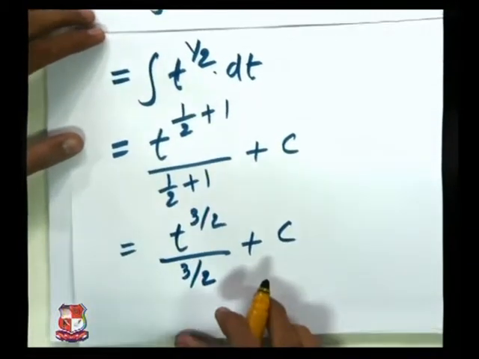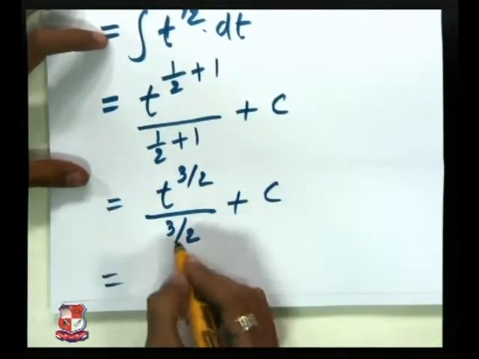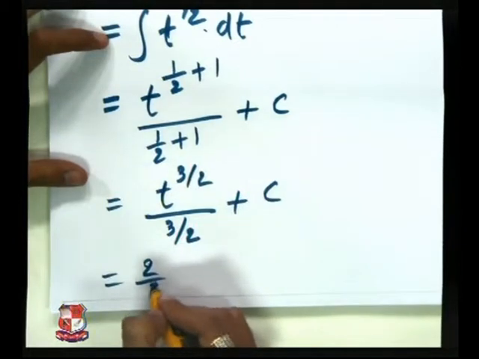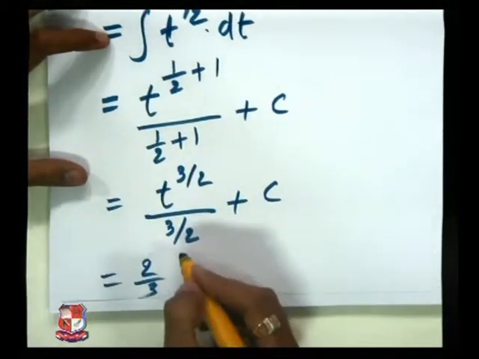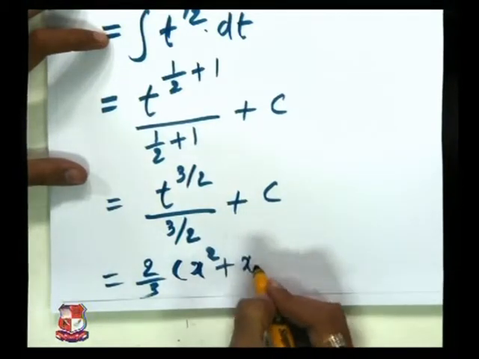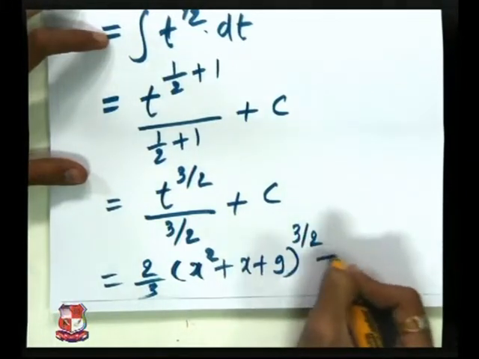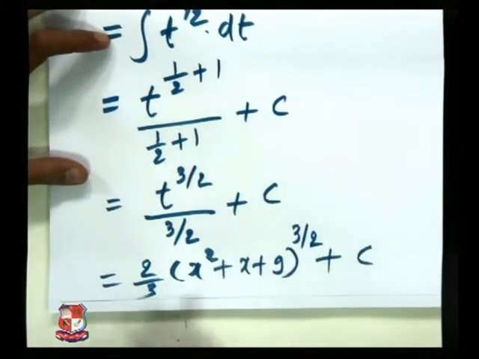plus c, and by replacing the value of t, this is 2/3, t is equal to x square plus x plus 9 raised to 3/2 plus c.